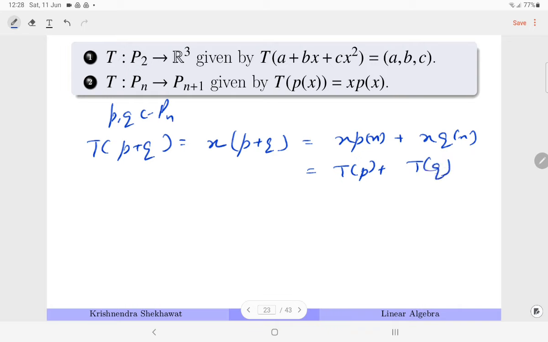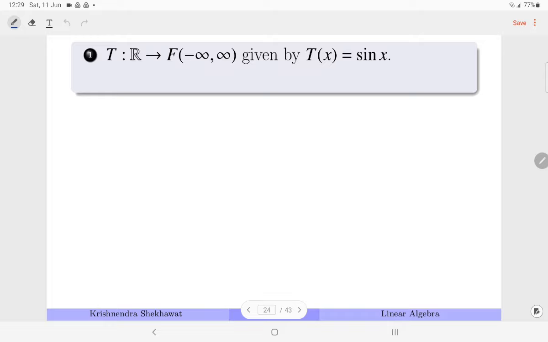Similarly, the second property is very easy to show, and therefore it is a linear transformation. So this becomes k p of x, k x p of x, and therefore it becomes k times T of p.